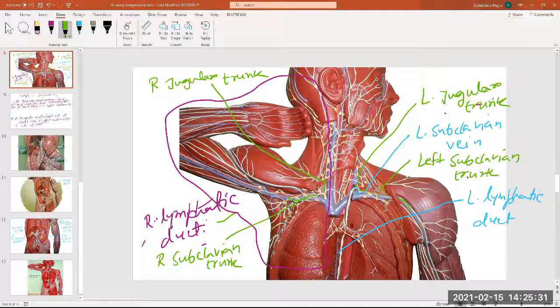Okay, so right jugular trunk, right subclavian trunk, together drain their lymph into the right lymphatic duct, which is this.